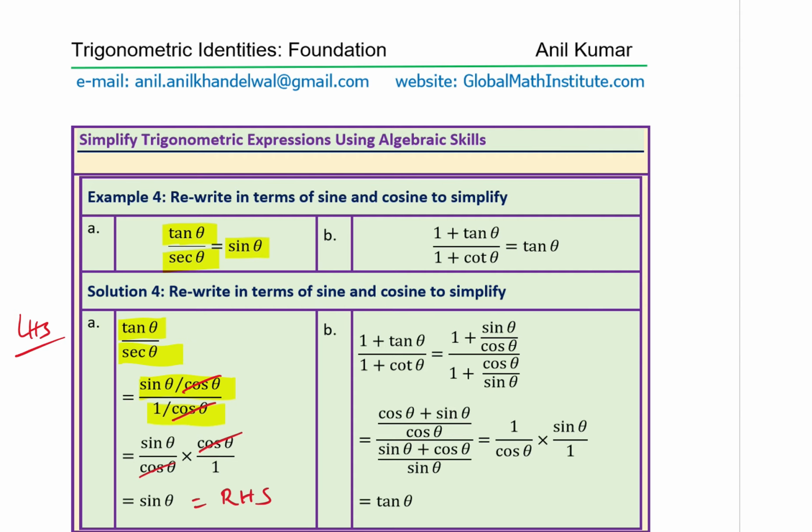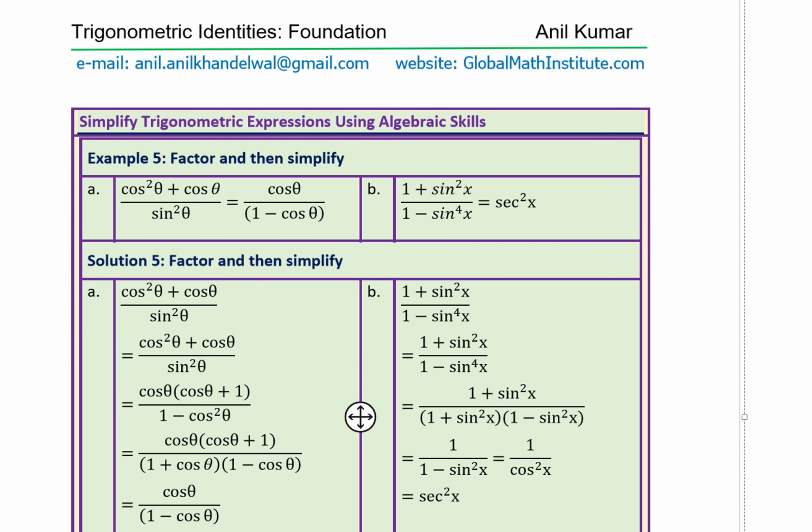Correct? Next example here is (cos square theta plus cos theta) over sine square theta equals cos theta over (1 minus cos theta). Now in this particular case, you could factor. Cos theta is a common factor. And sine square theta can be written as 1 minus cos square theta and then factored as (1 plus cos theta) and (1 minus cos theta). That becomes your strategy, correct? So that's what I've done here.